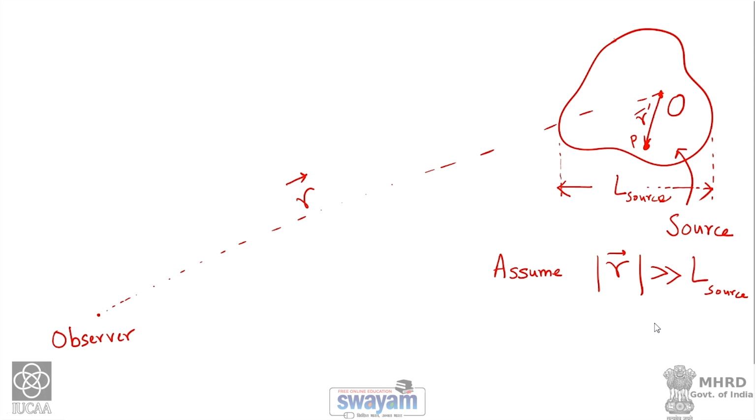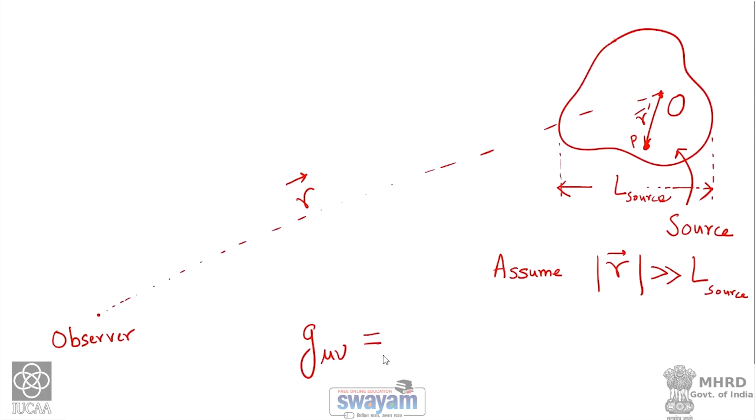First of all, it is given that the geometry is determined by the metric tensor g mu nu, and if there was no matter at all, that means the entire space time was flat space time, then we could have chosen a Minkowskian coordinate system where the metric would have been the Minkowski metric eta mu nu.